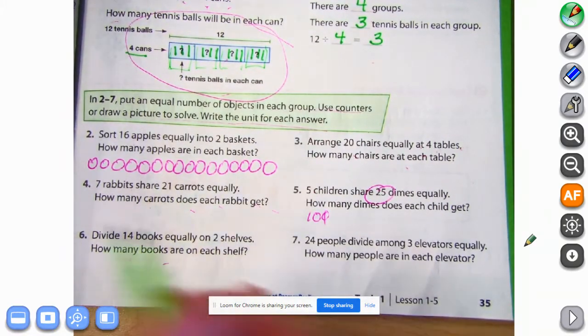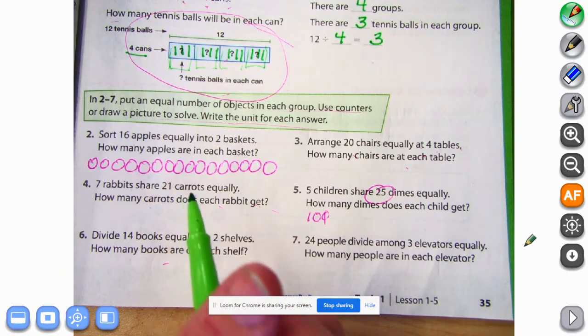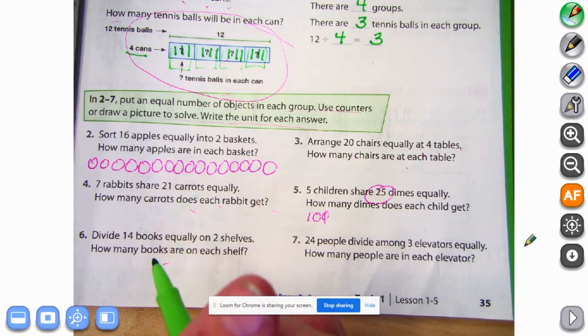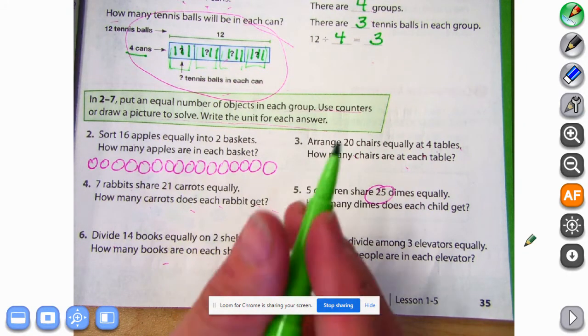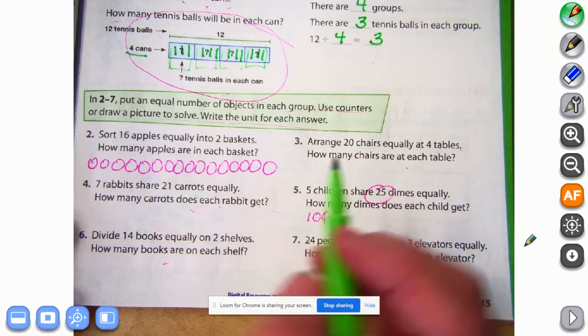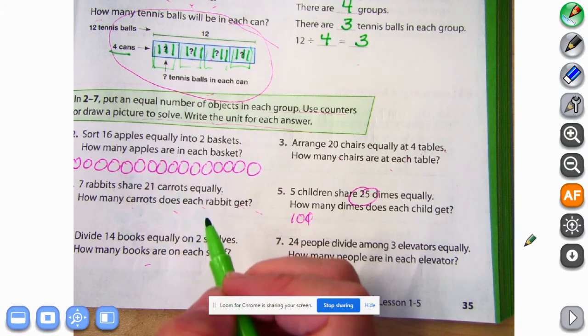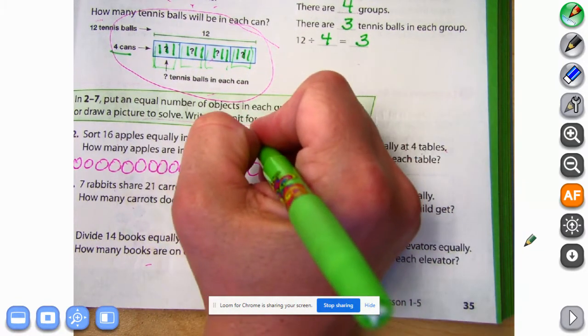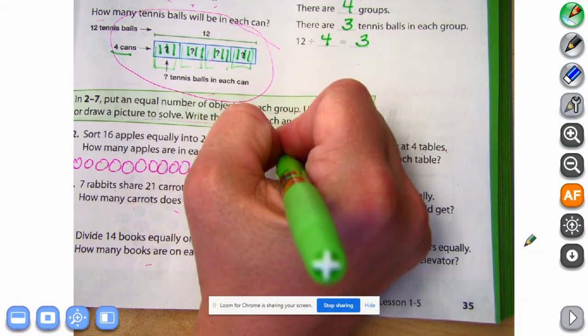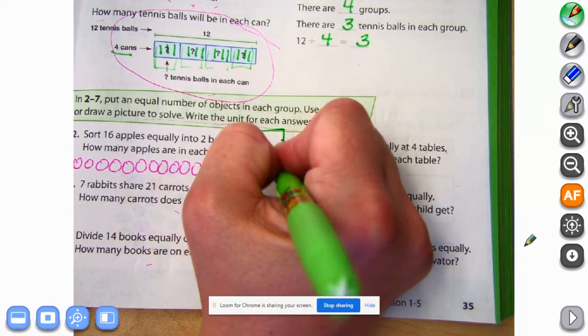Okay, so number 2 says sort 16 apples into 2 baskets. How many apples are in each basket? Okay, so let's see if I do 1 basket and 1 basket.